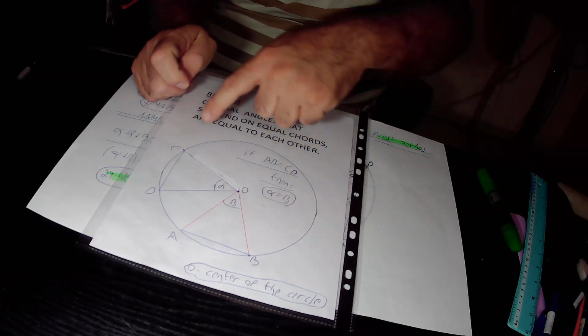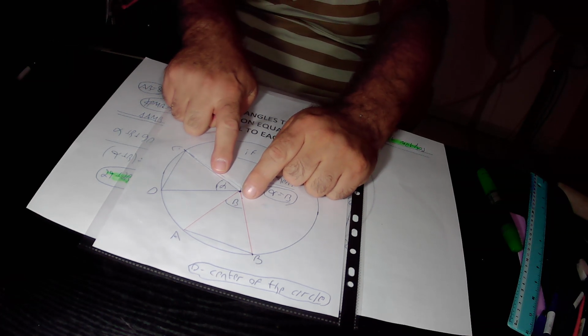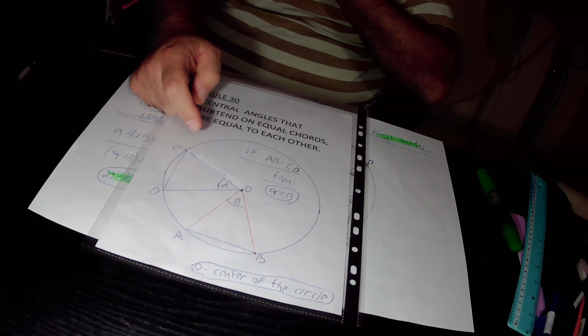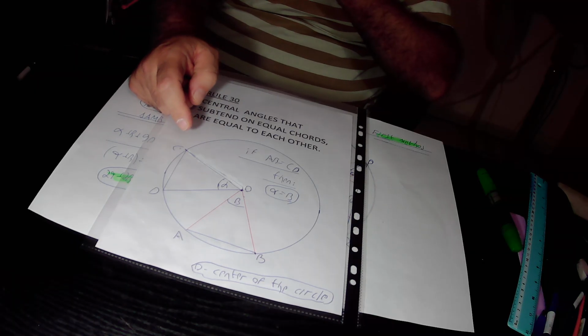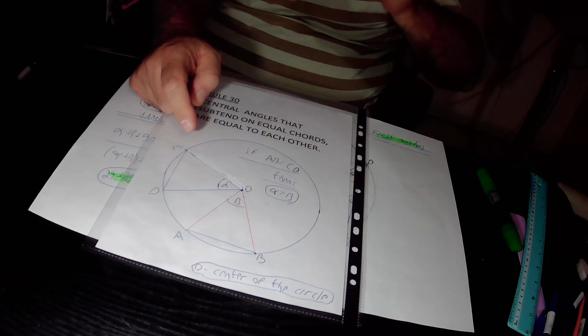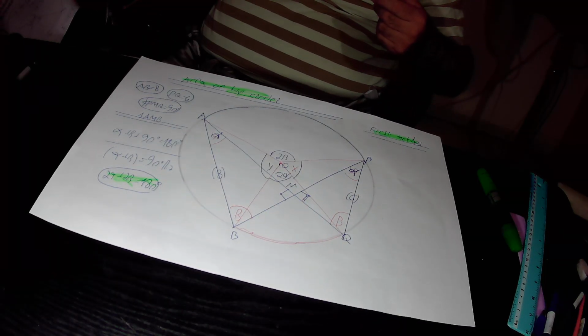So according to rule 30, if center angles subtend on equal arcs, they must be equal in size. So we can implement rule 30 in our drawing.